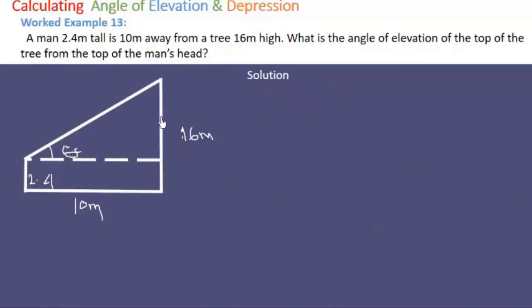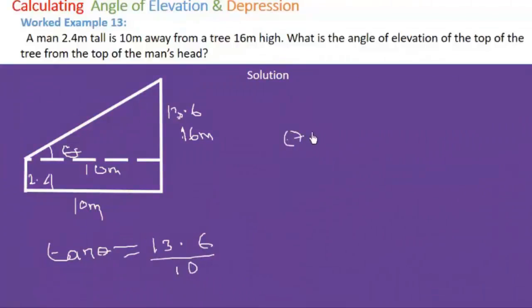Now we need to find this height. We know this length to be 10 meters because this is a rectangle. Then this is already 2.4. So 16 minus 2.4 will give us 13.6. So that will be the distance from here to here. Now tan theta will be equal to 13.6 over 10.